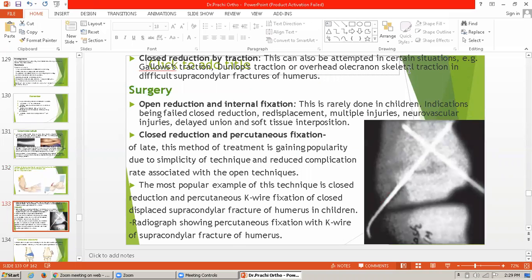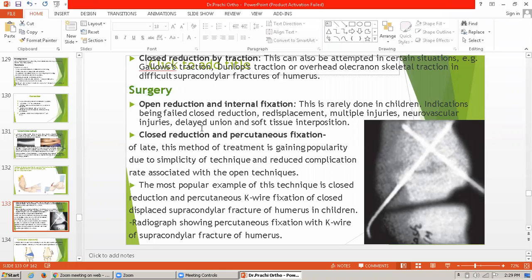Closed reduction by traction can also be attempted in certain situations, that is, in gallows traction, Dunlop traction, or overhead olecranon skeletal traction in difficult supracondylar fractures of the humerus.